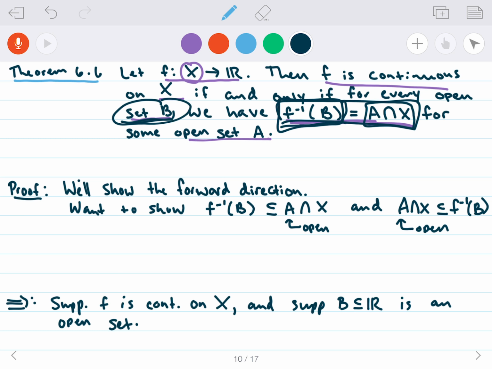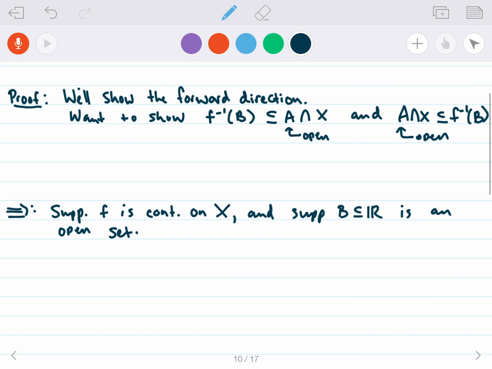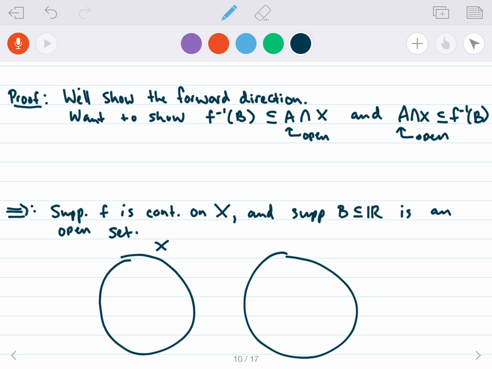Okay, so let's go ahead and draw a bit of a picture here just to know what we're working with. Here's our X, and here's the real numbers, and we have this open set B. So here's B in the real numbers, and we have this function that's going from X to the real numbers.